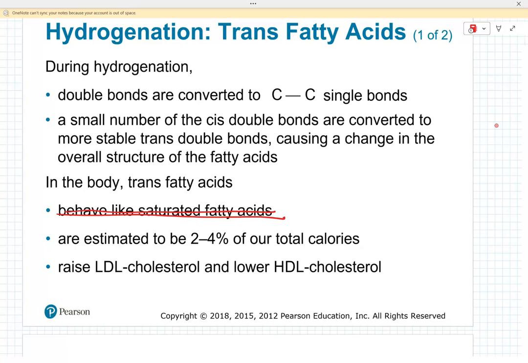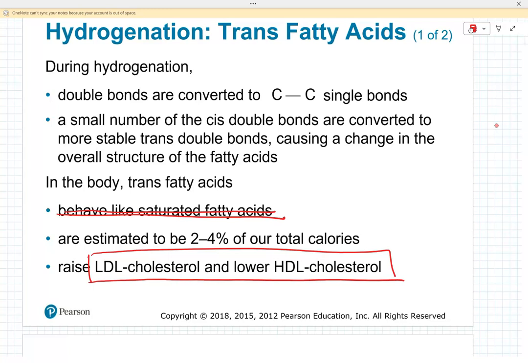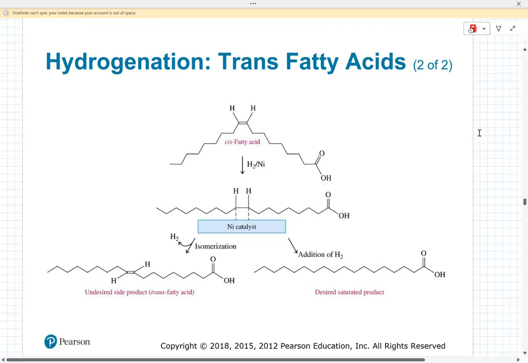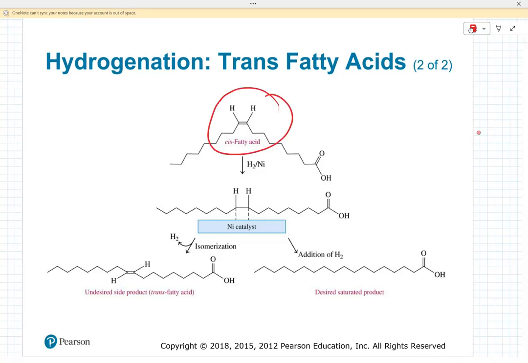But an increased proportion of trans fatty acids in the diet has been shown to increase bad cholesterol. Okay? Good? So these are trans fats. This is the cis fat, and this is the trans fat.